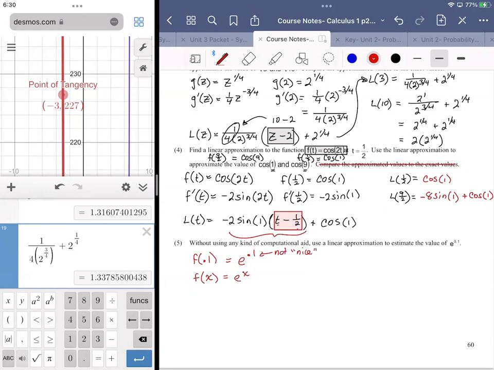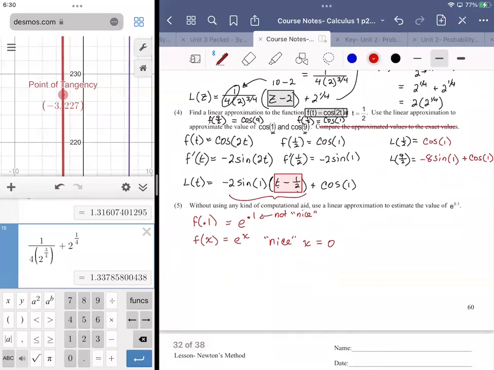So the nice x would be equal to, when you think about an exponential function, anything raised to the 0th power is equal to 1. Anything raised to the 1st power is itself. I mean, 0 is really nice because 0 is close to 0.1 and also gives us a nice result, overused term, for the exponential function.